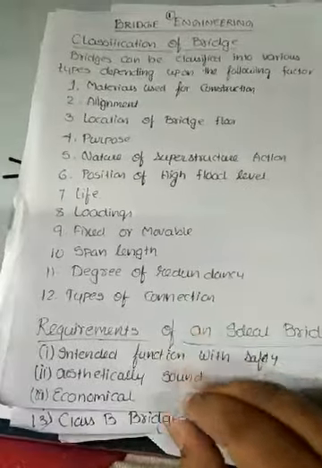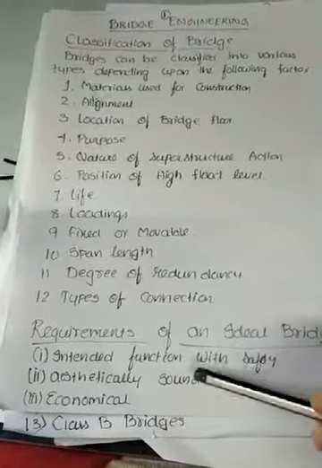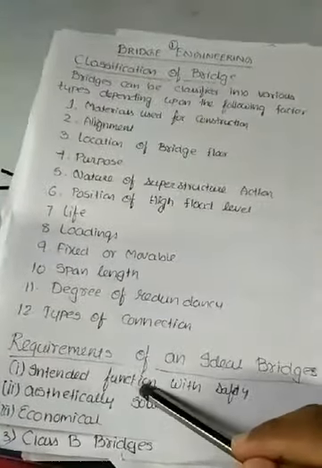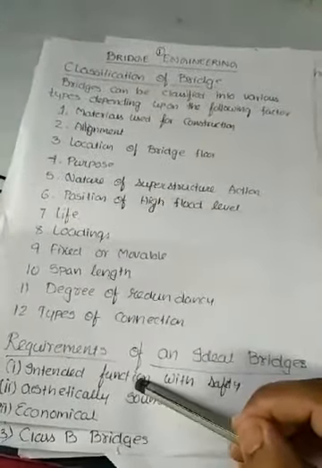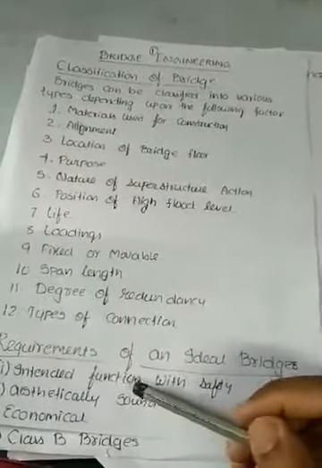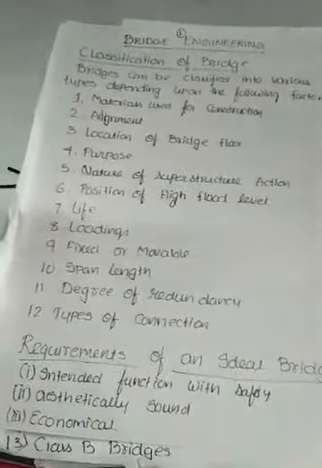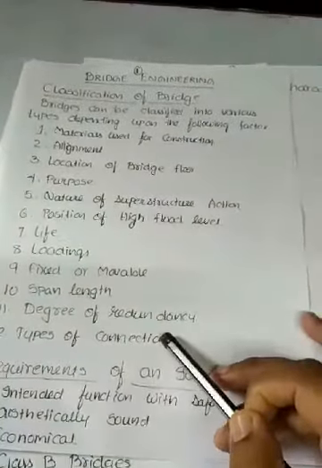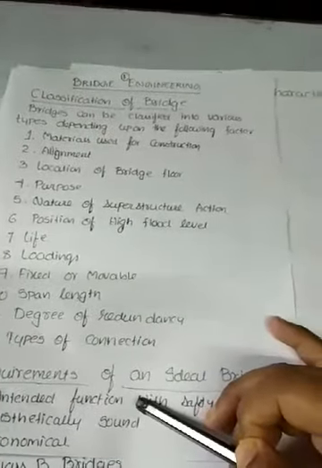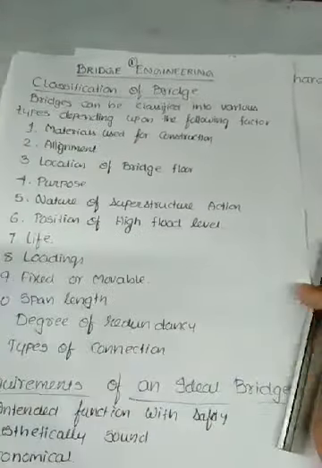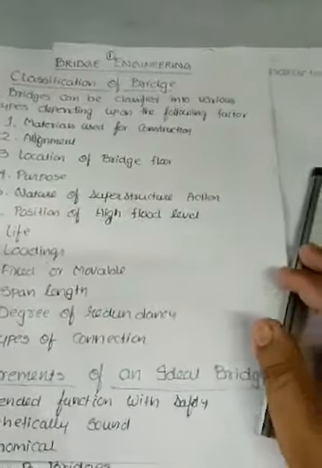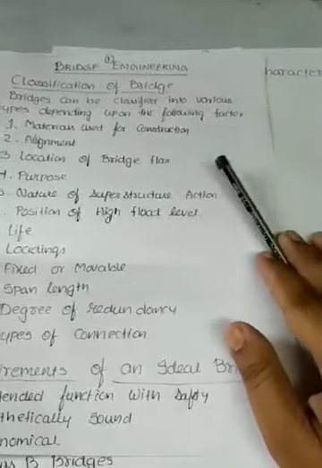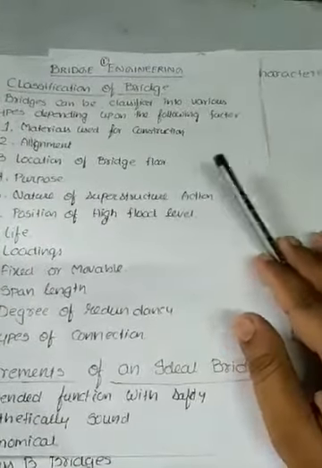First, it serves the intended function with utmost safety and convenience. Next, it is aesthetically sound. Next, it is economical. The requirements of traffic, aesthetics and economy for highway bridges shall be discussed in subsequent chapters.